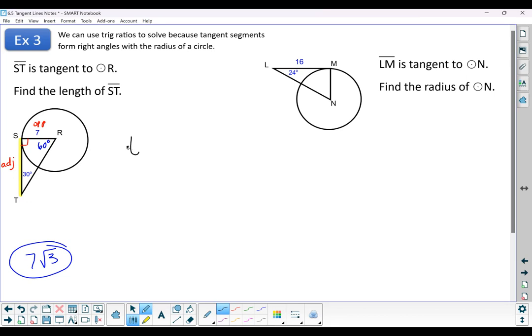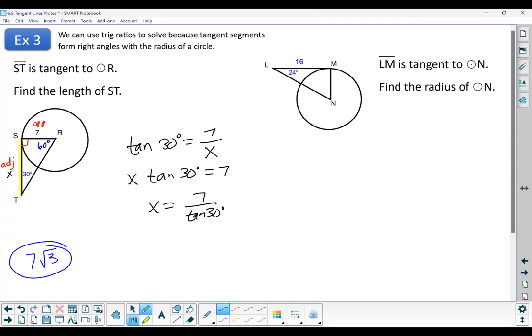The tangent of 30 degrees is equal to the opposite over the adjacent. So if we solve for x, we'll multiply both sides by x and now divide by tangent 30.